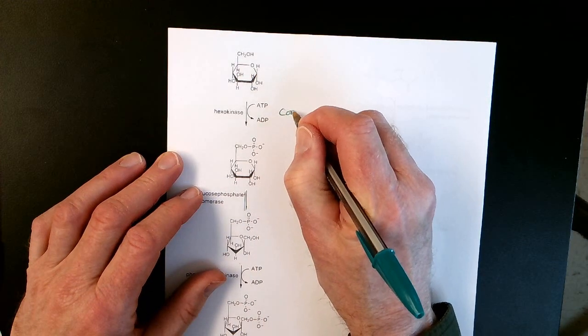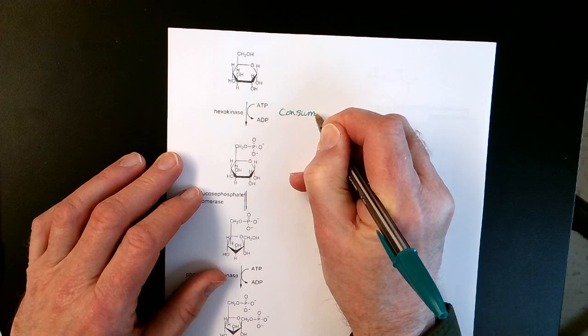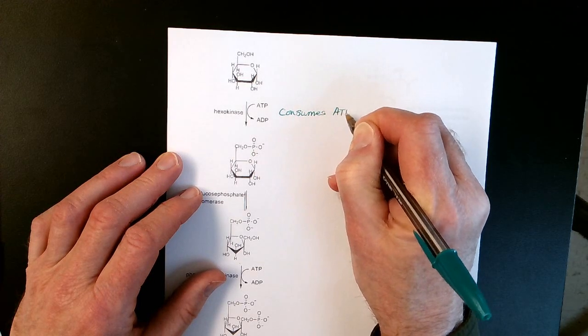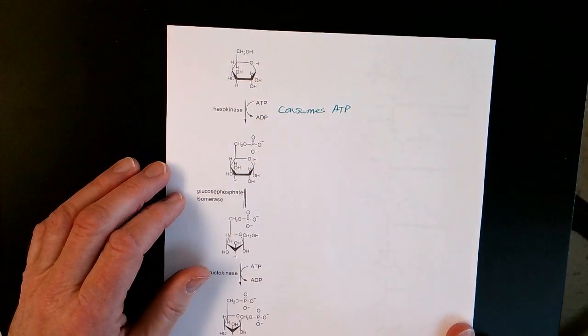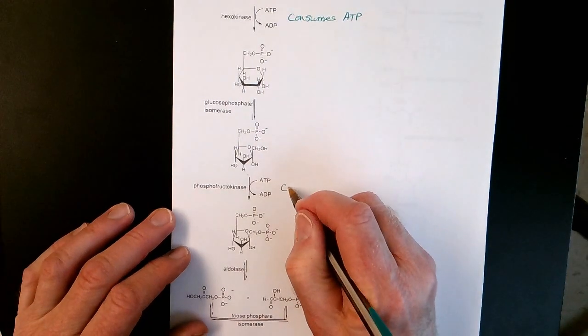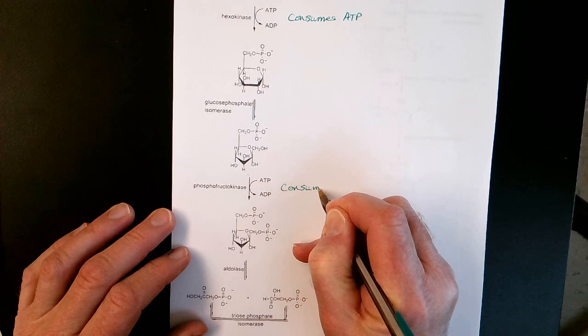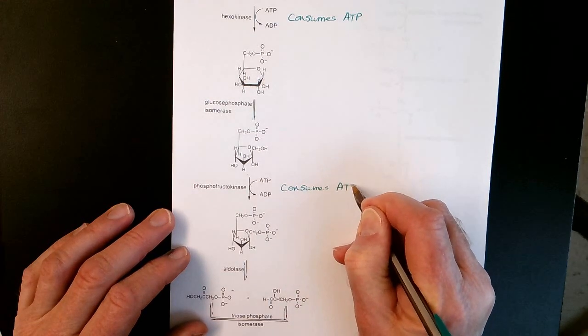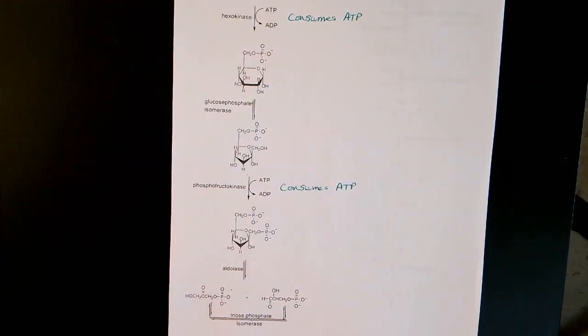This first step right here consumes ATP. That doesn't sound like it's good at all. Here's another step that looks like it consumes ATP. And that doesn't sound good either.